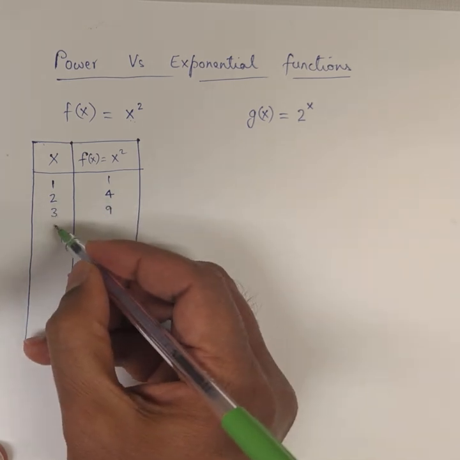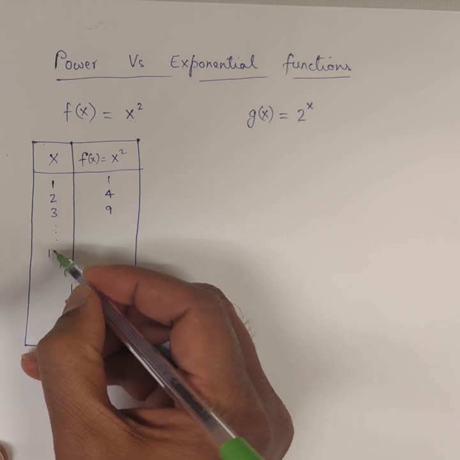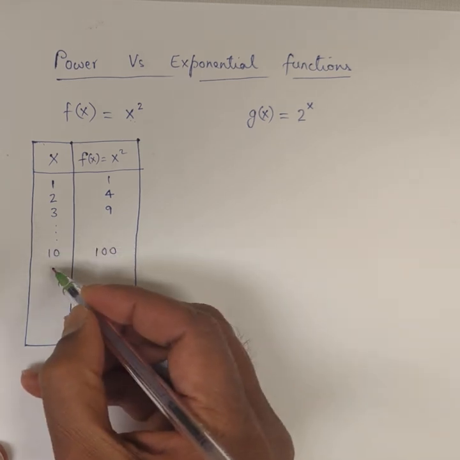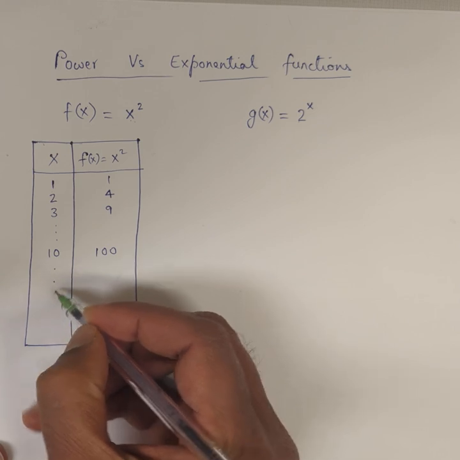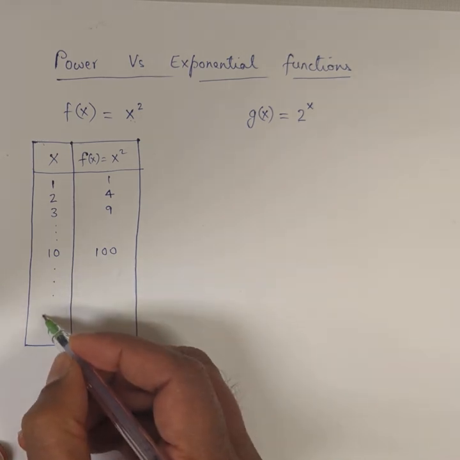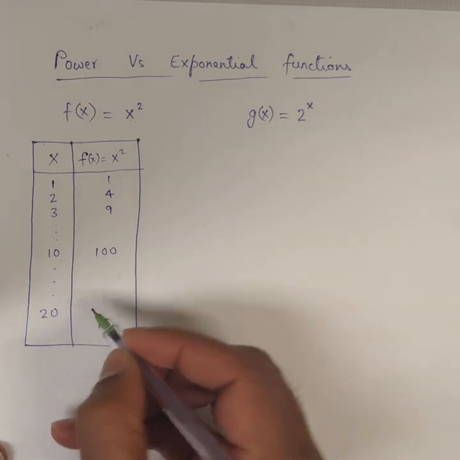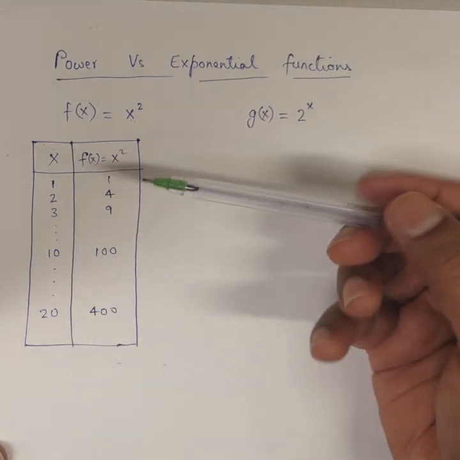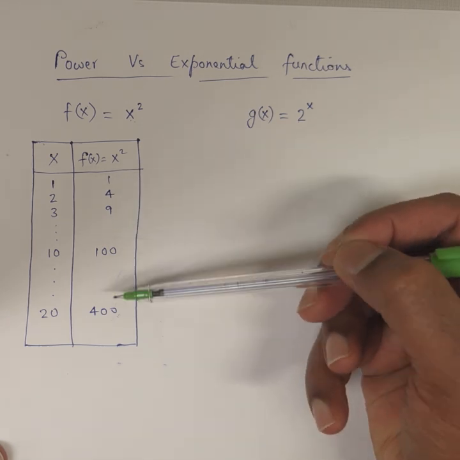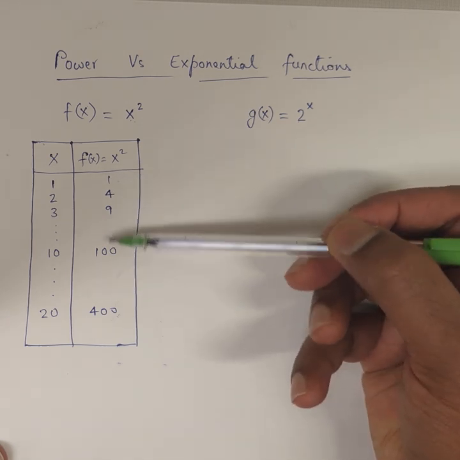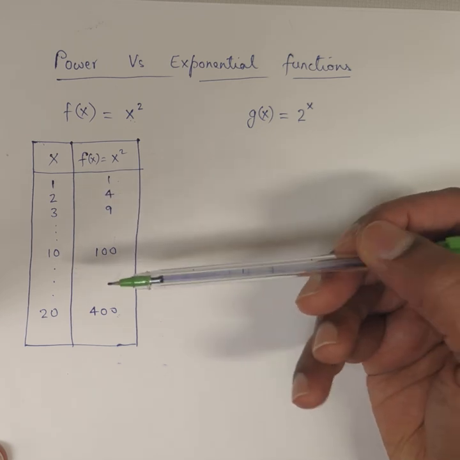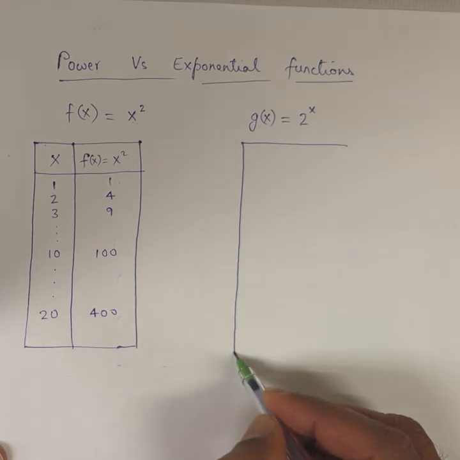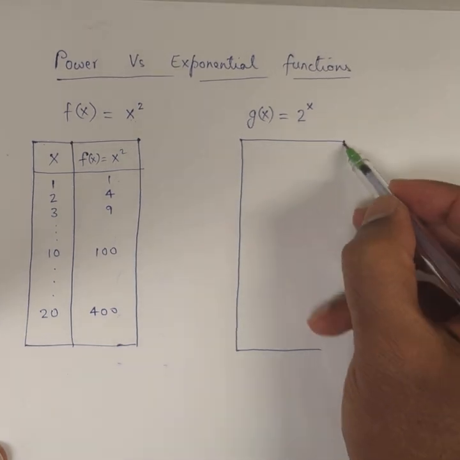They're getting bigger. And let's skip some and write down 10. 10 square is 100. And then maybe skip some more and write down 20. And 20 square is 400. So when x is increasing, f of x is also increasing, and you may say that this is increasing more rapidly than that. Now, let's look at what happens in exponential functions.